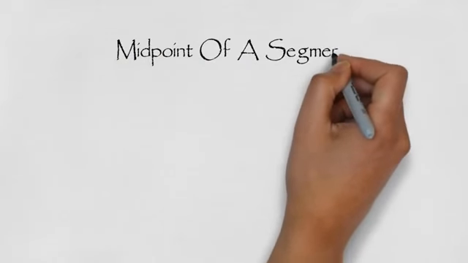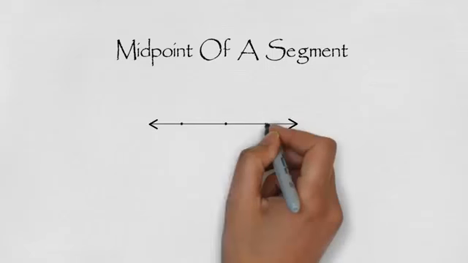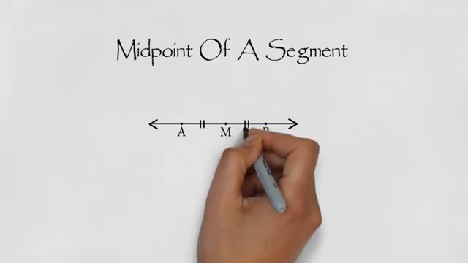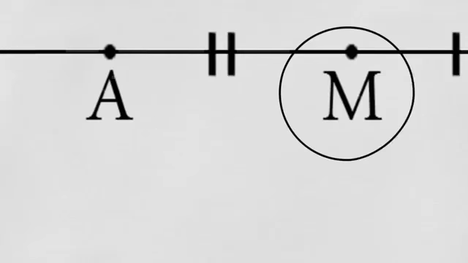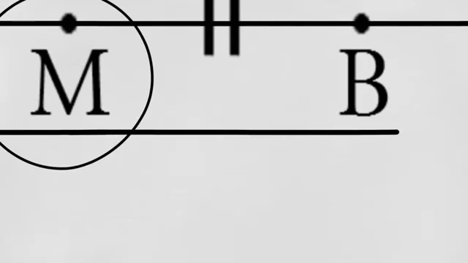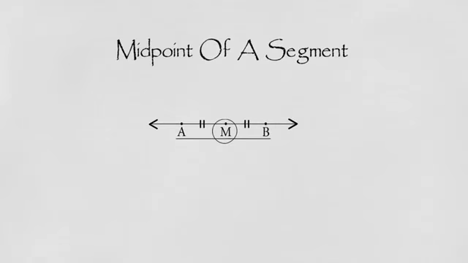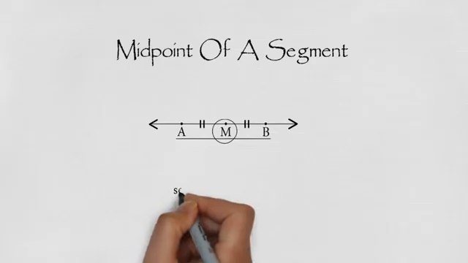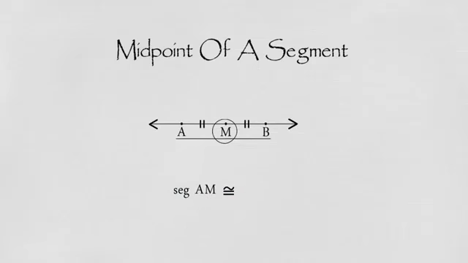Midpoint of a segment. The point M is said to be the midpoint of segment AB if A-M-B and distance AM is equal to distance MB. Every line segment has one and only one midpoint. Here, segment AM is congruent to segment BM.